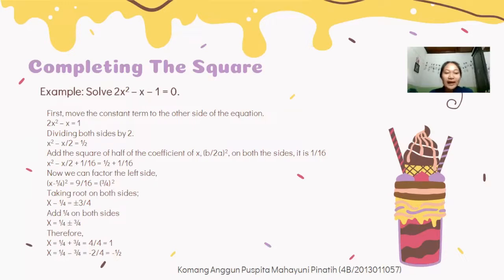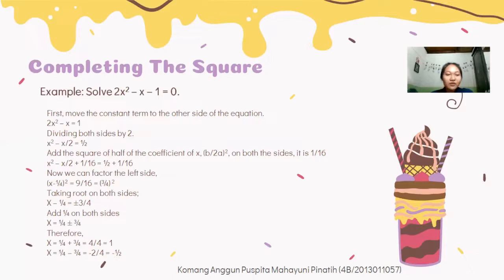Next, we add the square of half of the coefficient of x, b divided by 2a squared, on both sides. It is 1 divided by 16. And we get x squared minus x divided by 2 plus 1 divided by 16 equals 1 divided by 2 plus 1 divided by 16.